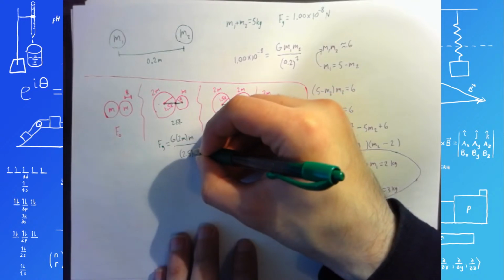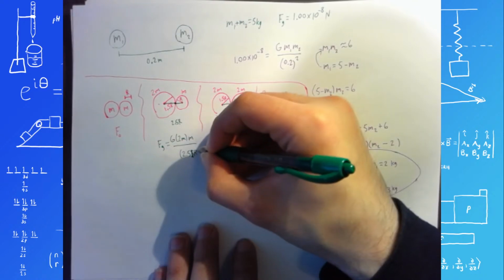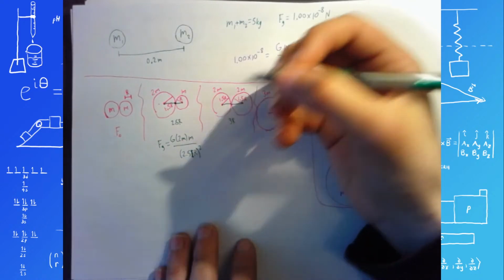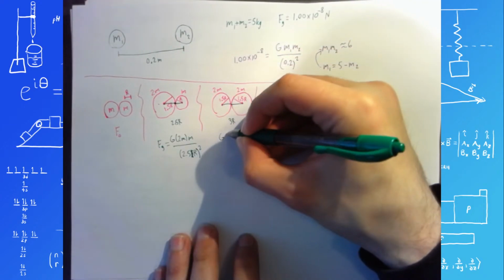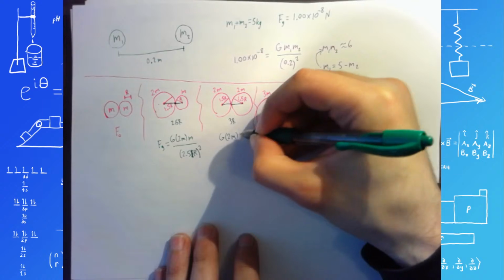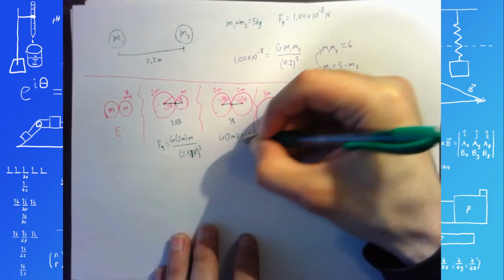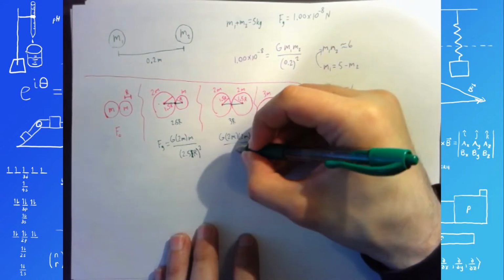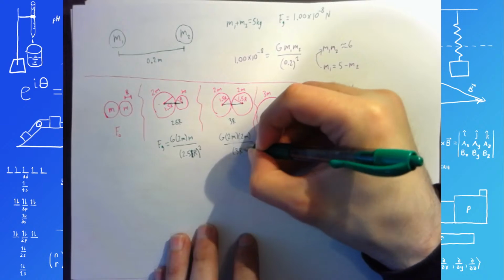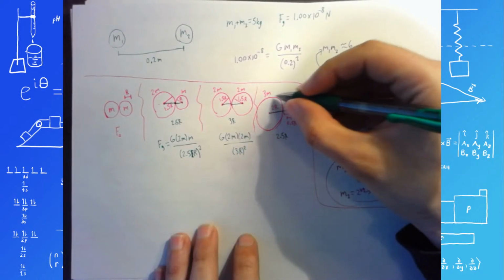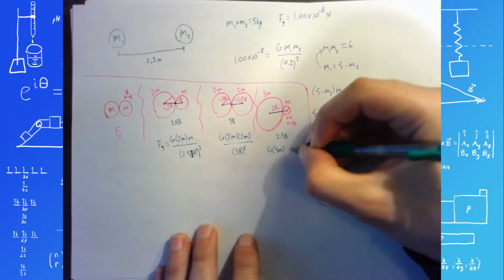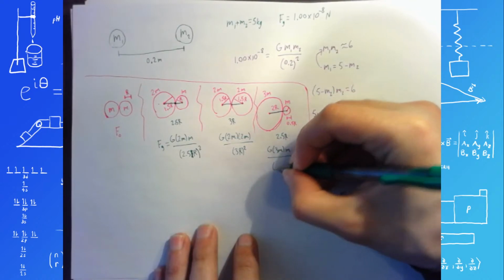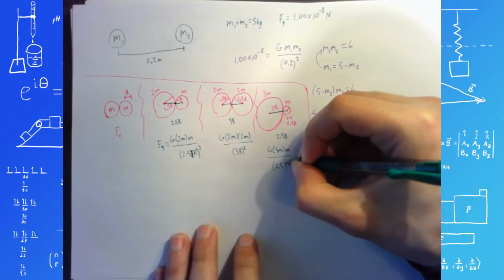2.5 r, close parentheses over here, and square. Here we have 2m times 2m, so big G times 2m times 2m over the square of 3r. And here we've got 3m times m, so big G times 3m times m over the square of 2.5r.